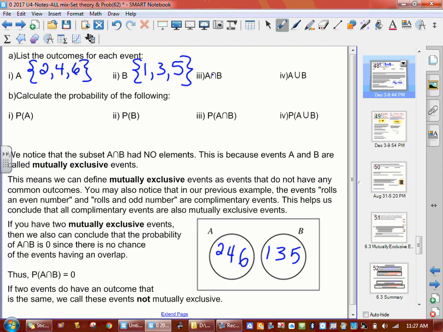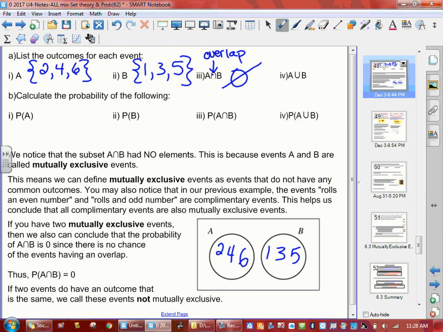It starts with the letter O and then a V. The overlap. So, and always refers to the overlap. Well, do we have an overlap situation? No, we don't. So that means this is going to be an empty set.